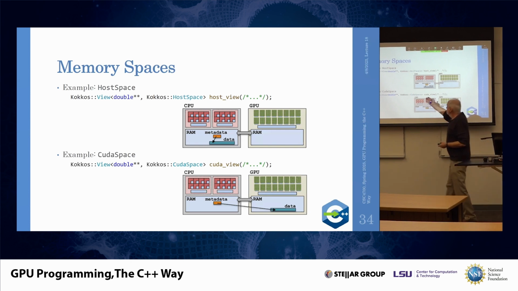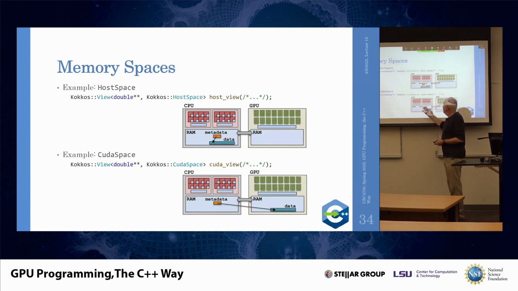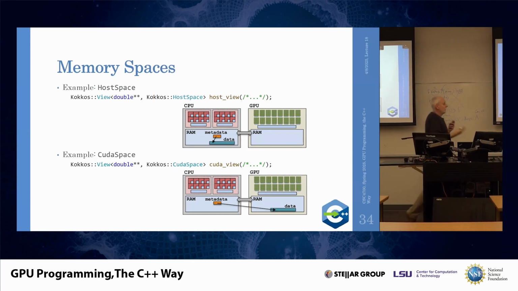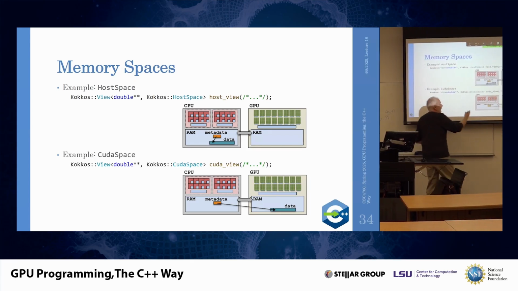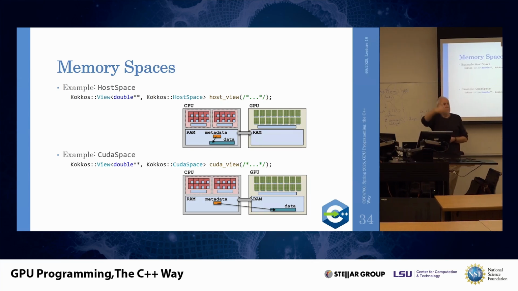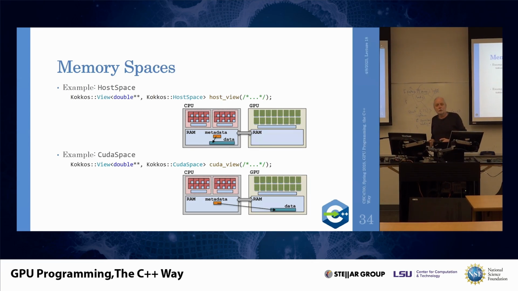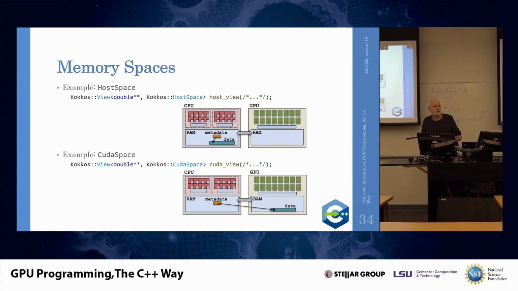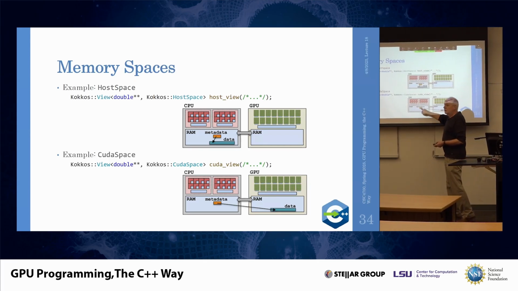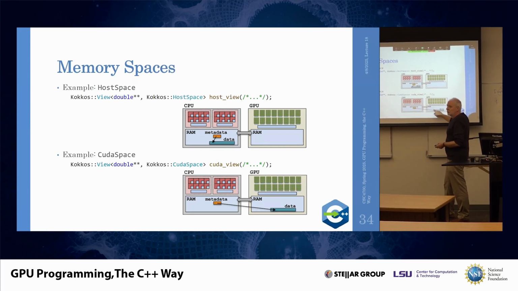When we use a CUDA space, we still have the view living on the CPU side of things, but it somehow magically refers to the data that actually lives on the device. So you can copy that thing around in the CPU space without dereferencing it, but whenever it gets to executing things, the data stored in here is transferred to the GPU, and it makes sense in the context of that address space.